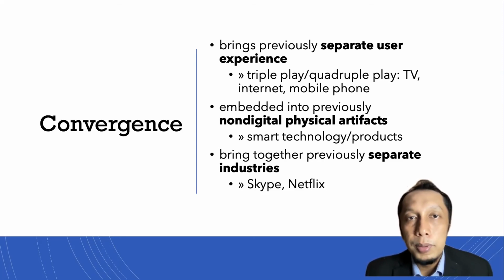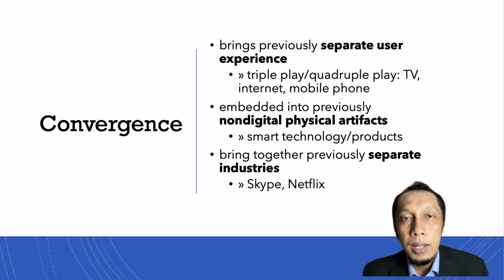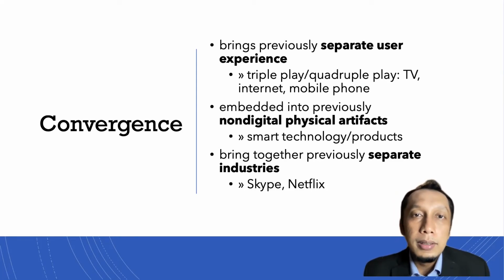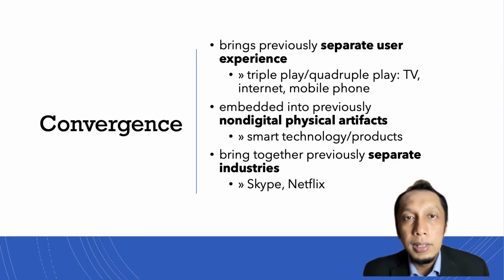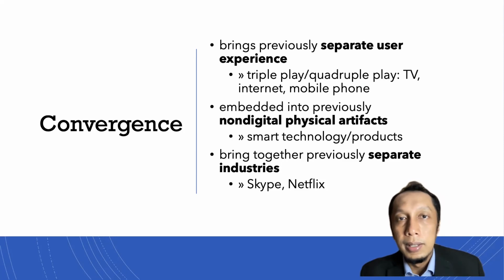But if you put IoT sensors, Internet of Things sensors, and connect your fridge to the internet, then it becomes a smart fridge. If you have a TV and you connect it to the internet, you put sensors on your TV and so on and so forth, then it will have the capability of a smart TV.